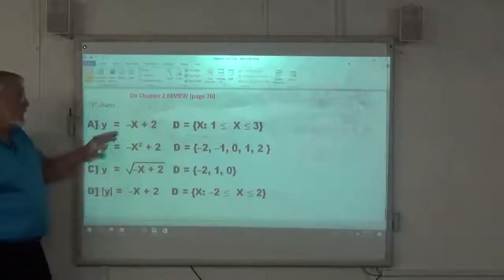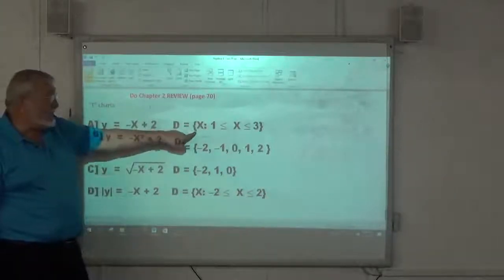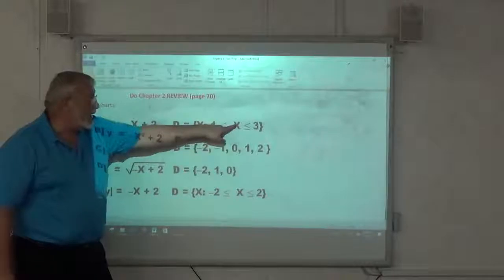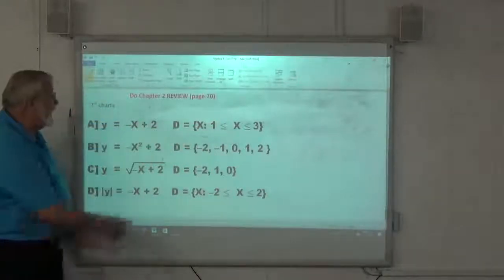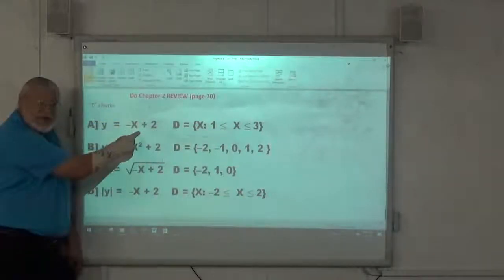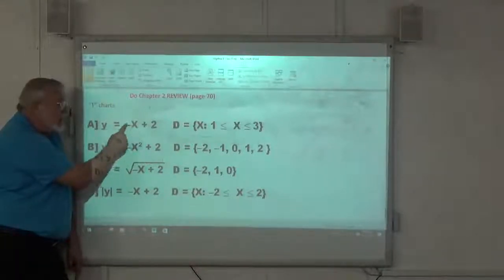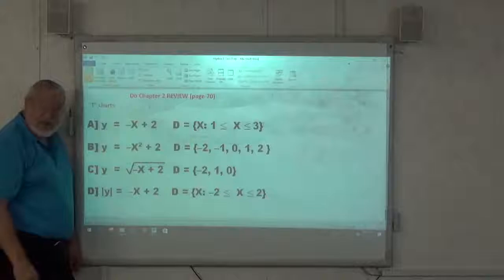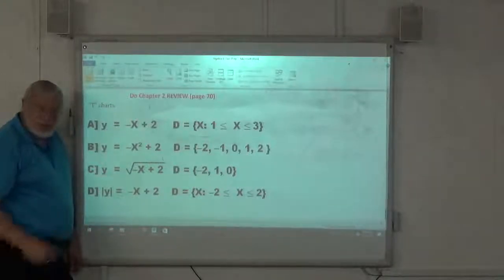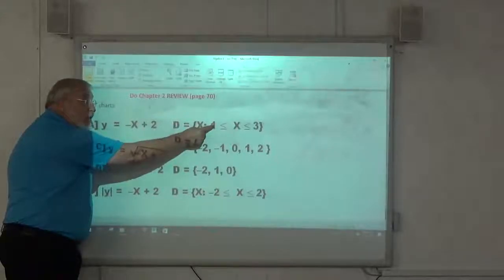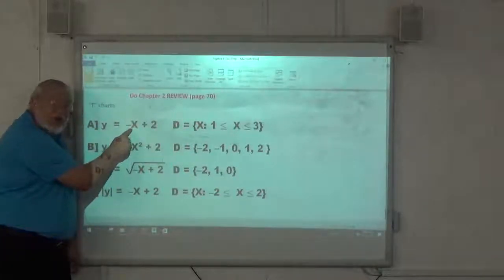Okay? Now, the domain was given, right? So, if the lowest point of the domain is x greater than 1, when x is 1, what happens here? It becomes negative 1 plus 2. How much is that? It's 1. So the range when x is 1 will have a value of y of 1.